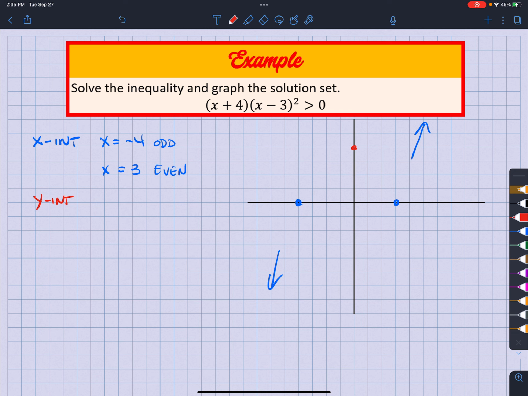I see now. What this is going to do is this, guys, because this is going to be a cubic, right? So the degree is going to be 3 because here is a power 2, here's a power 1, which gives you 3. This is even, so that means it's going to bounce off of here.